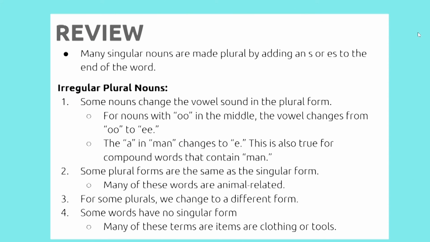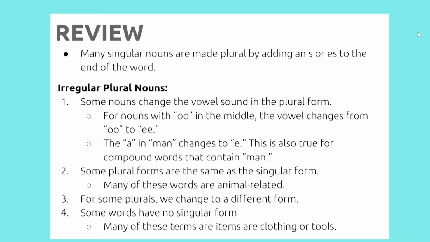Okay, guys, now I know that was a lot of information to take in, and there's a lot of rules associated with making singular nouns into plural nouns. So let's quickly review them together. Many singular nouns are made plural by adding an S or ES at the end of the word. It's important for us to remember that the ending of the word really tells us how the spelling of the word is going to be.